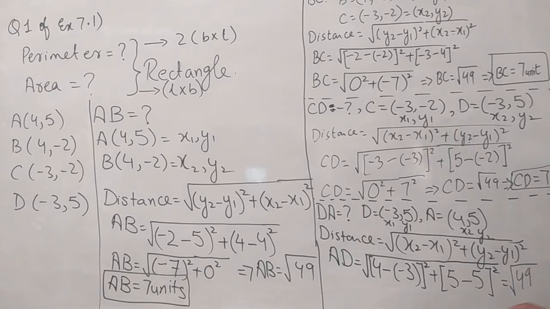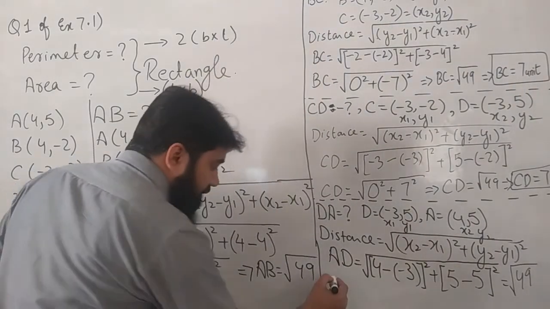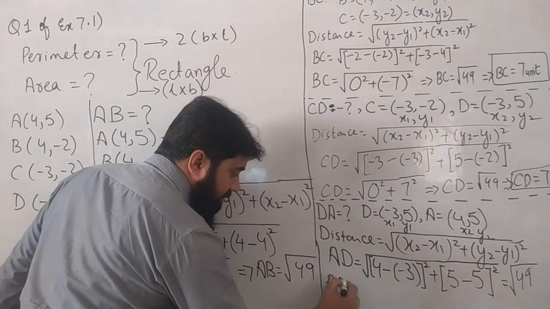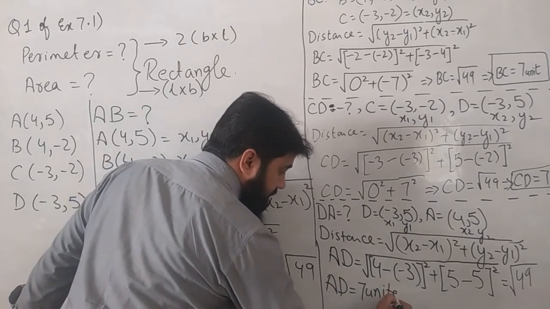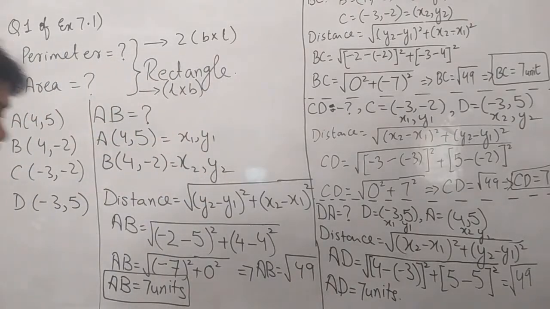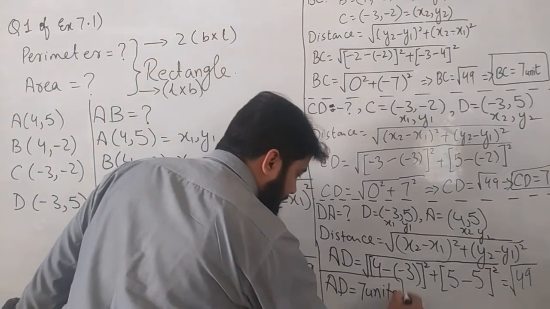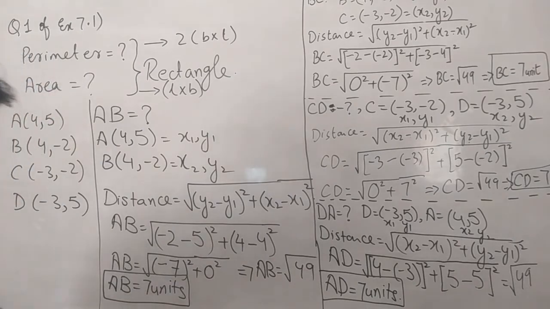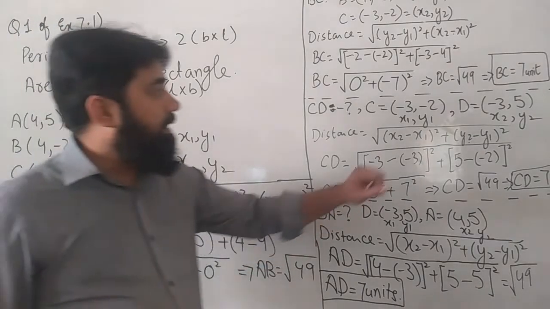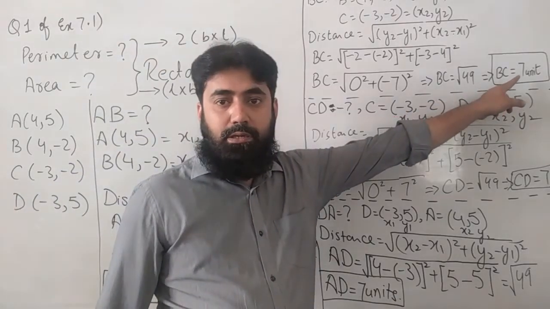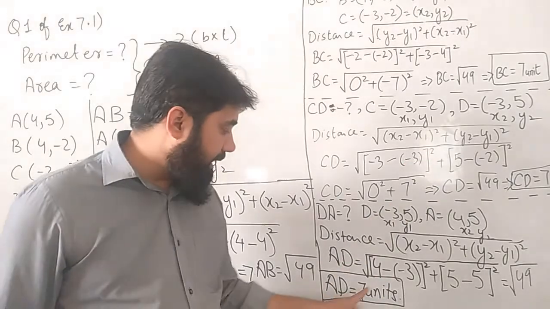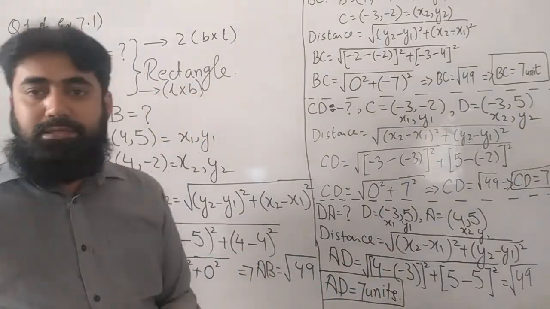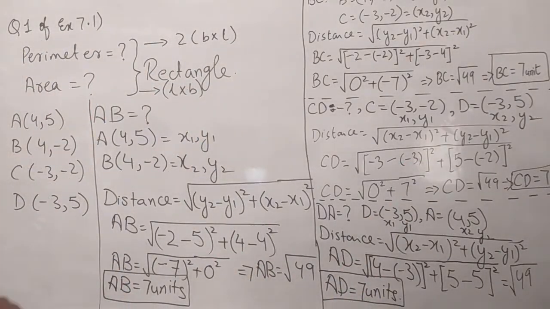So under root 49 is coming over here. So when I simplify it, the value of AD will be equal to 7 units. Okay, so now you can see over here that I have found AB, I have found BC, I have found CD, that is also coming 7, and I have got AD, that is 7 unit, so that is also coming 7.